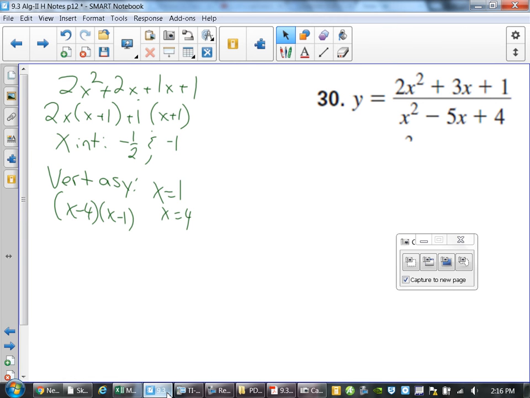The degrees here fall into top and bottom being the same. Therefore, it is at 2. Okay. Now I have the 3 asymptotes, 3 asymptotes, 2 intercepts, and a y-intercept.